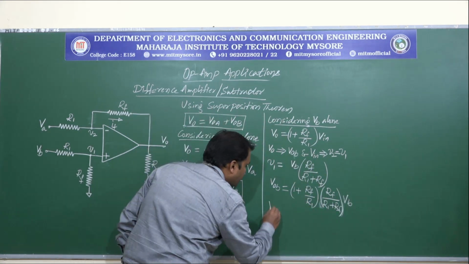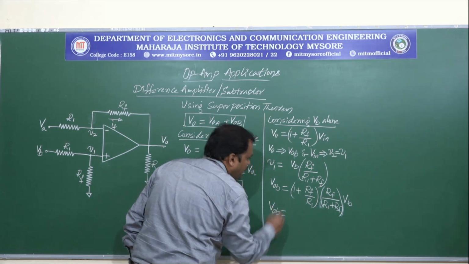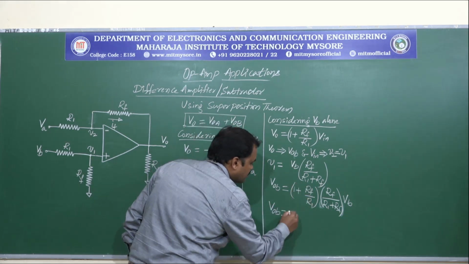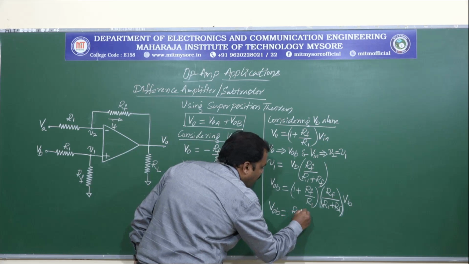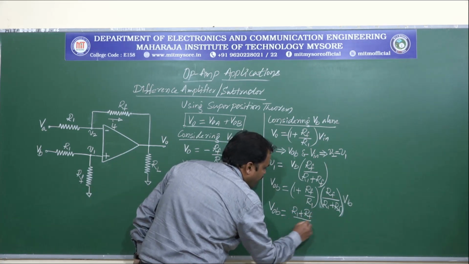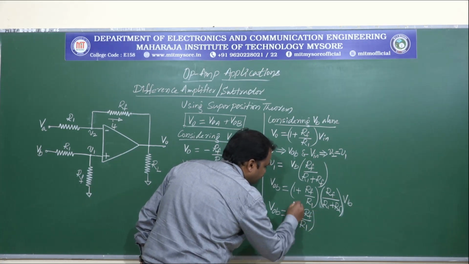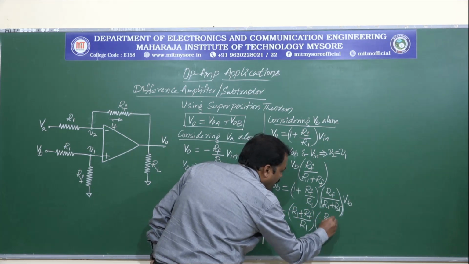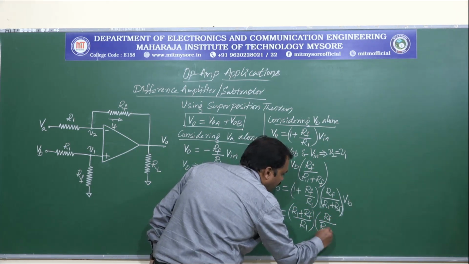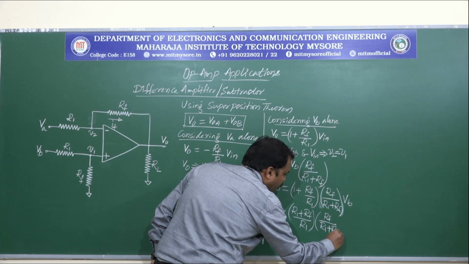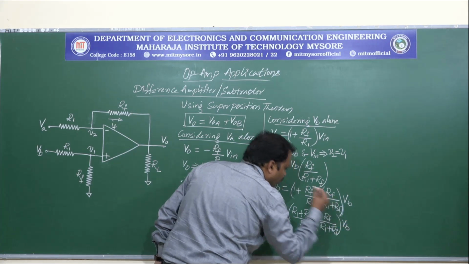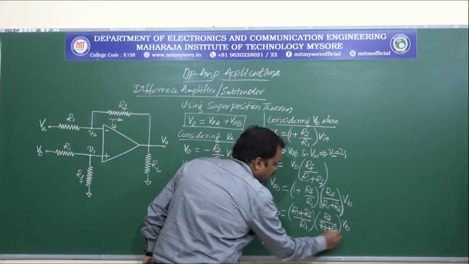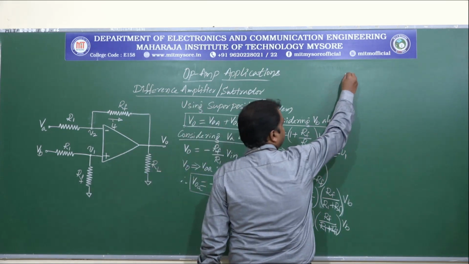So, this can also be written as V naught B is equal to, by rewriting this as R1 plus RF divided by R1 into RF by R1 plus RF into VB. Now, these things can be cancelled.